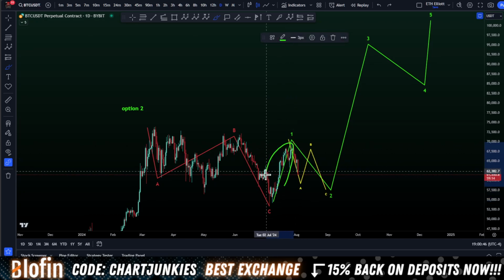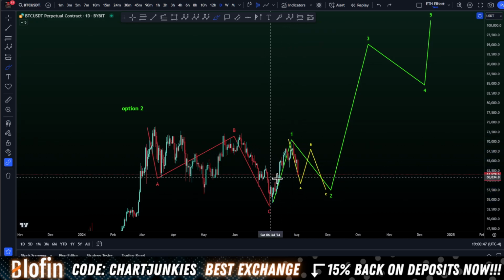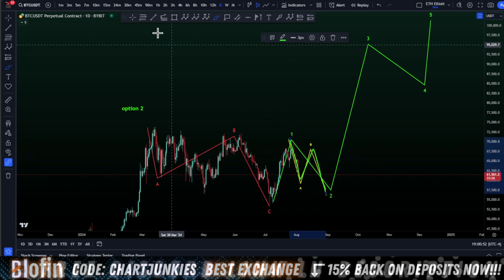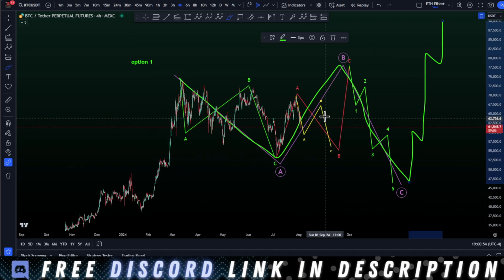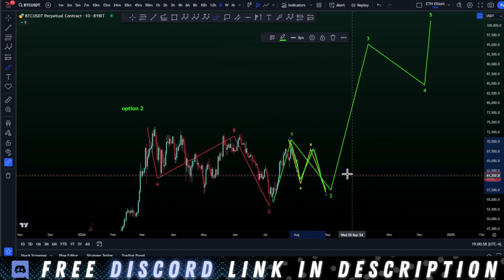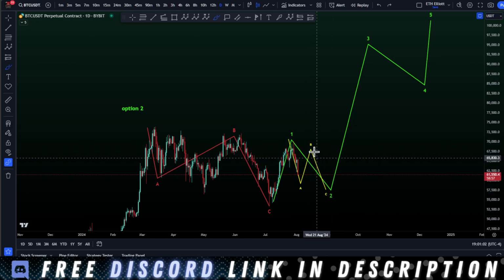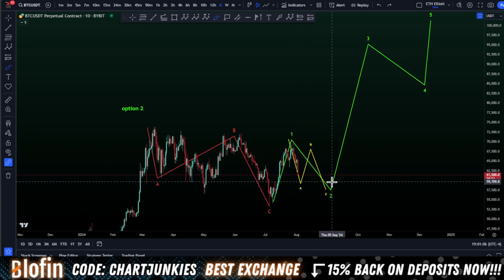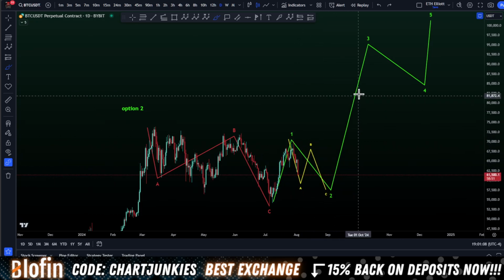The size of this one wave leads me to believe, if this is the scenario, after a correction, as you can see, the same correction here is the same correction here. It all looks the same. It has different approaches to it afterwards, different follow through, but that correction is the same in both of these scenarios. After this occurs, we will be getting an absolute jam to the upside.